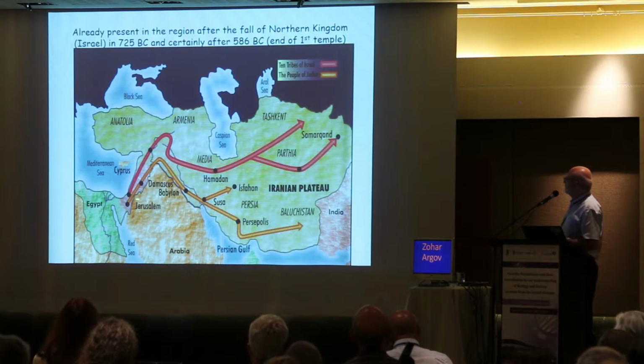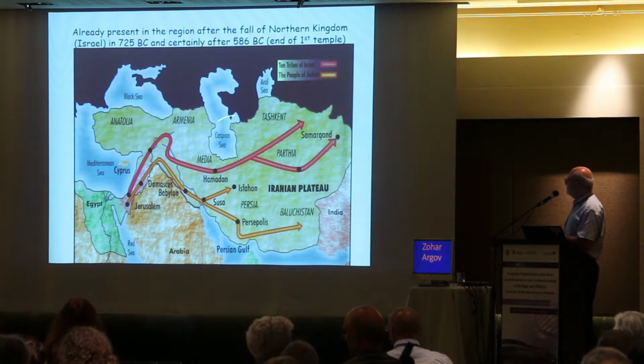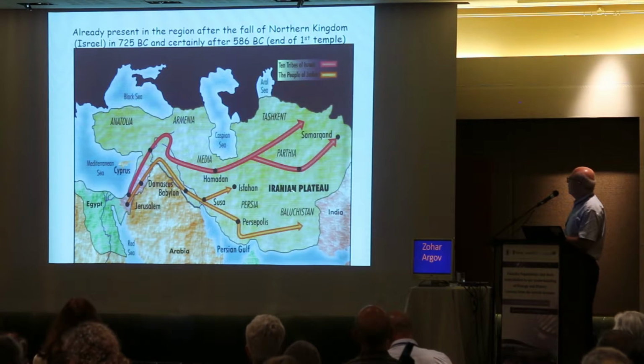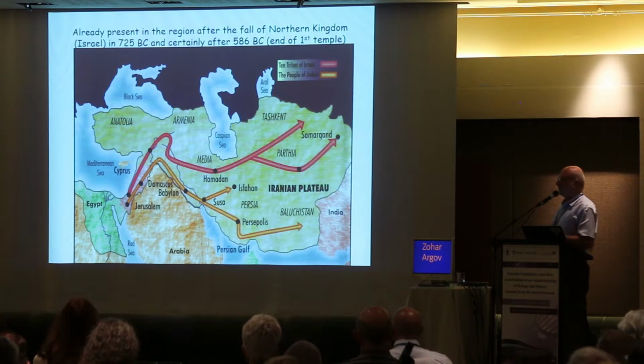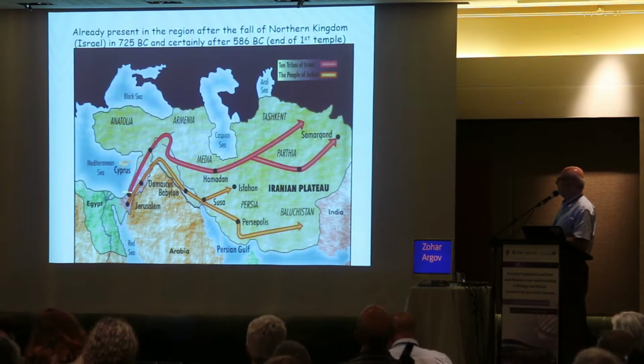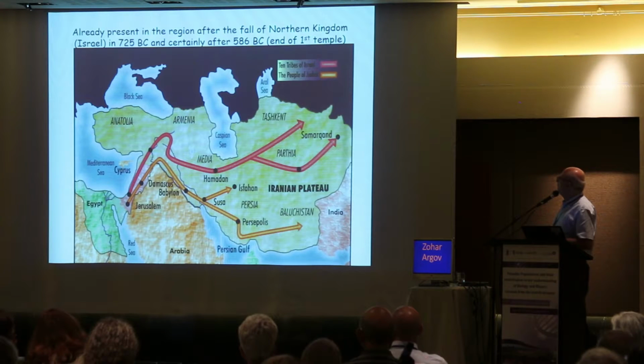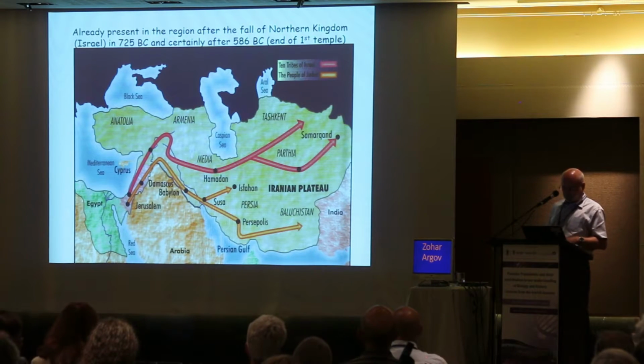This is, in fact, just a reminder that the Iranian plateau, the Persian plateau, has had Jewish settlements very, very early in history, after the fall of the Israel monarchy and then the Judea monarchy at the end of the first temple.